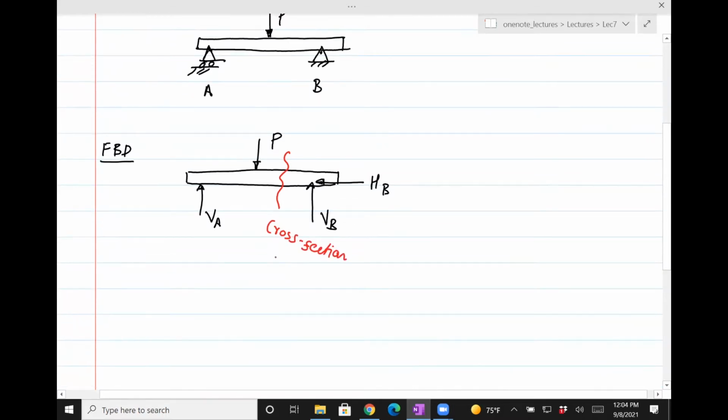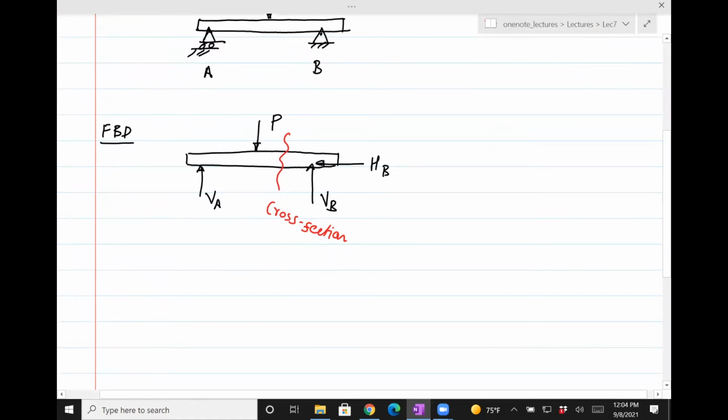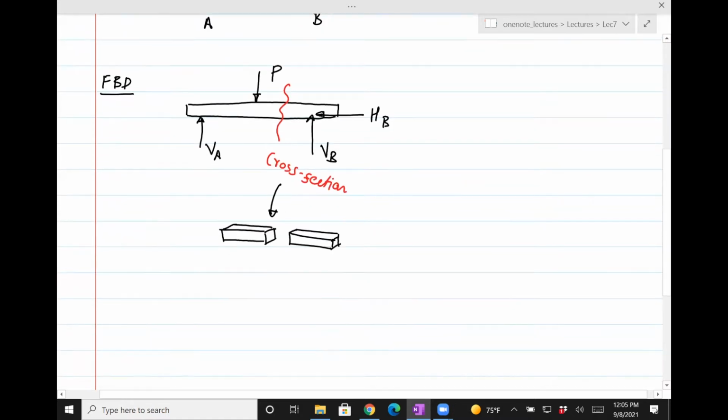Okay, so if we cut the beam right over there at the line I drew there, then you would have something like this, right? So that's the cut.